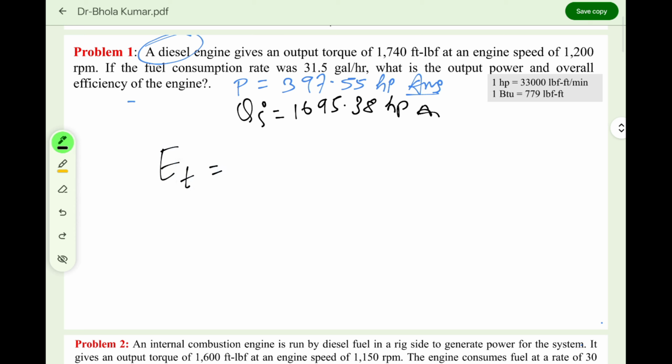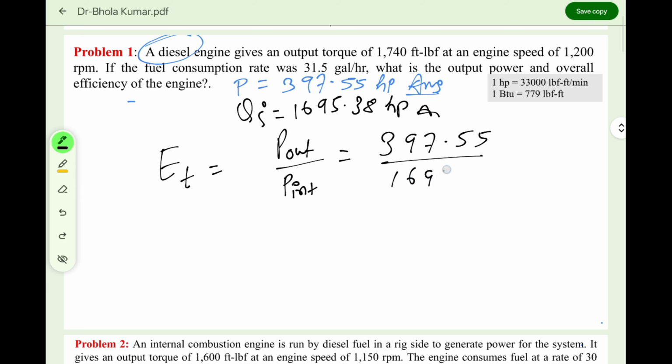So this is nothing but the output, P output by P input. The output we have is 397.55 divided by 1695.38.